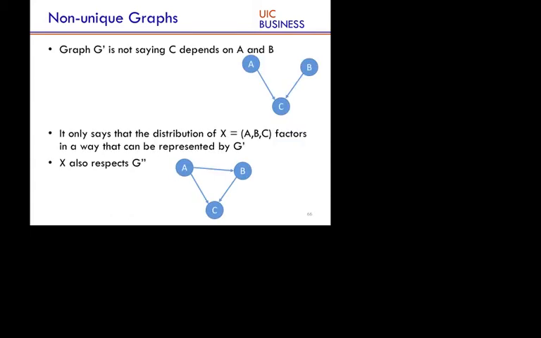In fact, we can go one step further. In graph G prime, it's not saying that C depends on A comma B. That's the point that I wanted to get to. I want to get to the graph representations. The key point of these graphs is that they are trying to capture a certain type of domain knowledge, and that knowledge is only about conditional independence.